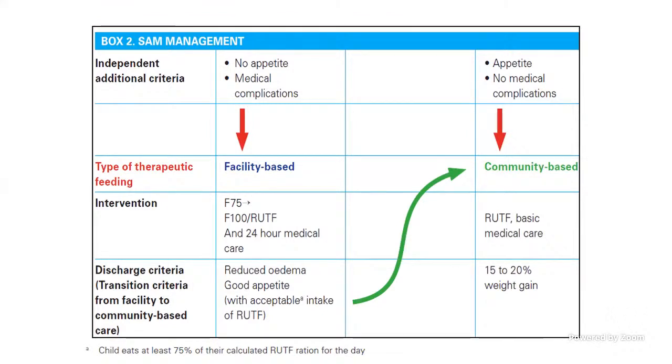This F75 is 75 kilocalories per 100 ml given to the children. This is usually milk based. In the milk, you can add sugar and make it in such a way that the calories it gives is 75 kilocalories. F100 is cereal based. You can mix some puffed rice and all those things, or ready to use formula can be used, and that can be given in the center where the child is admitted.